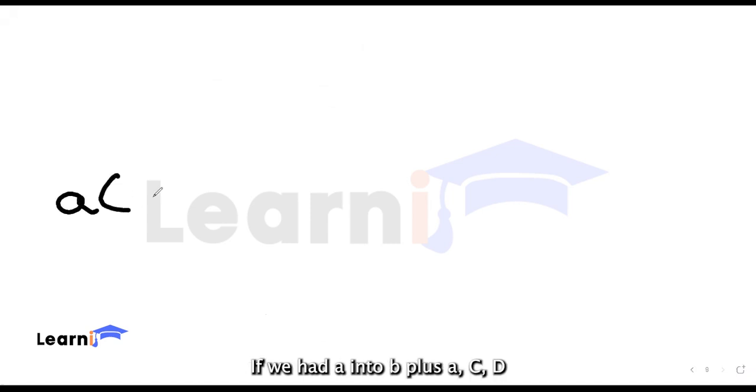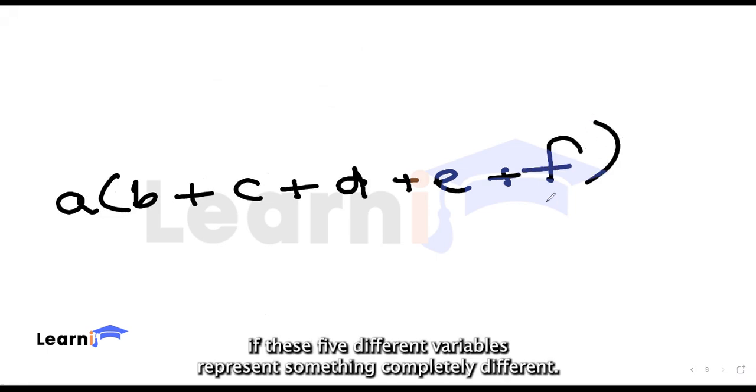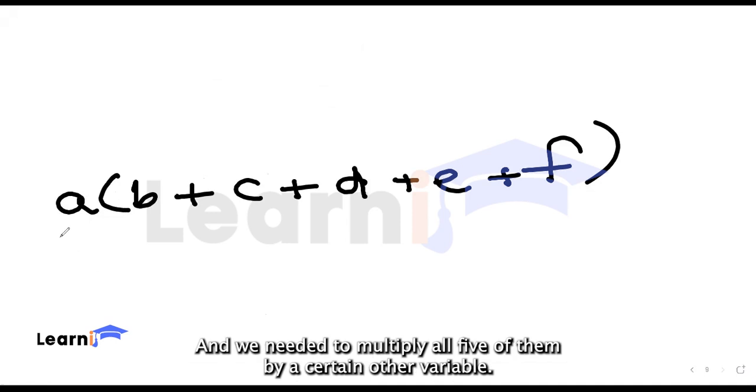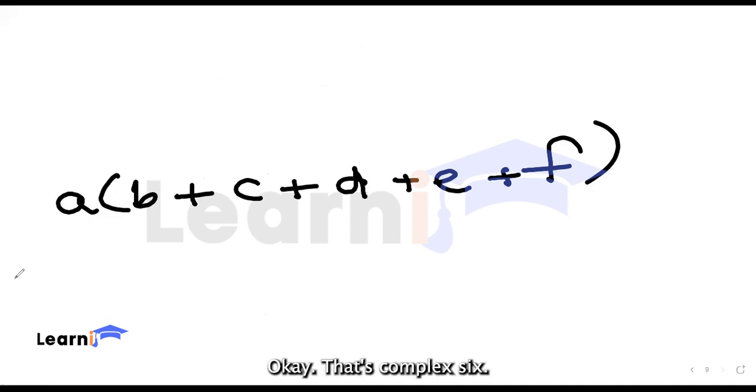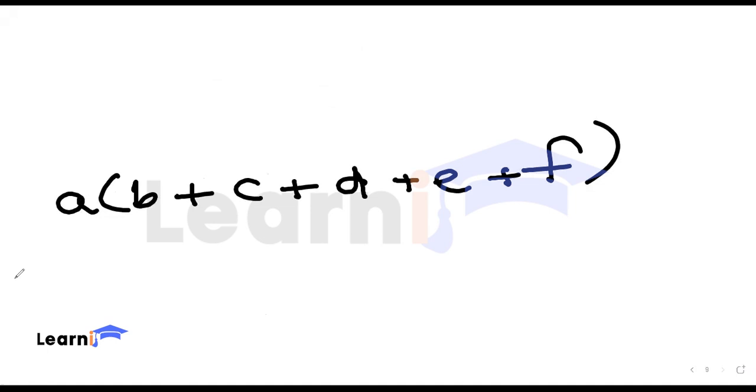And remember, to drive the message home, if we had A into B plus C plus D plus E plus F, now can you see if these 5 different variables represent something completely different and we needed to multiply all 5 of them by a certain other variable, okay, that's complex. We are distributing 1 variable to 5 other variables. Those are 6 variables at play.